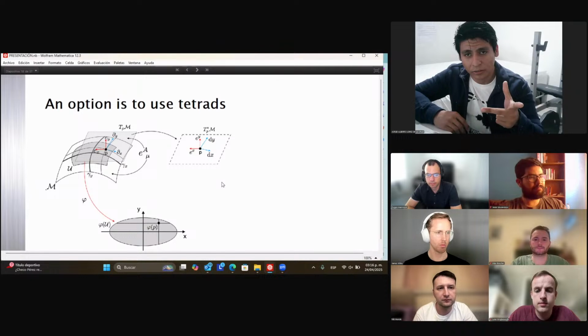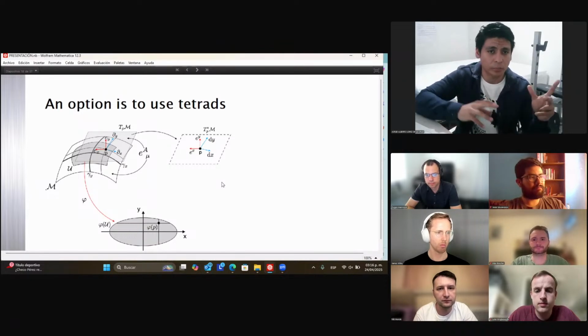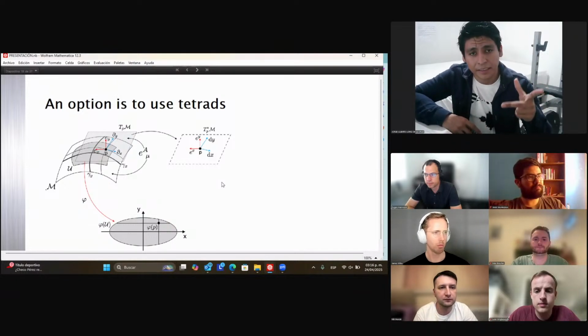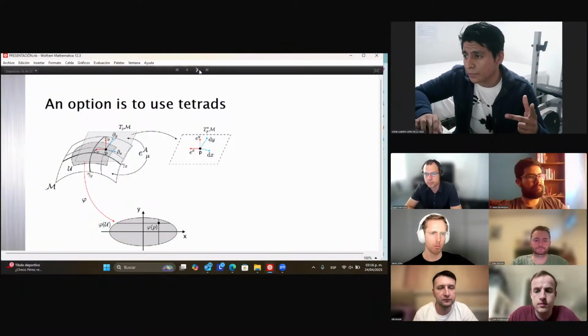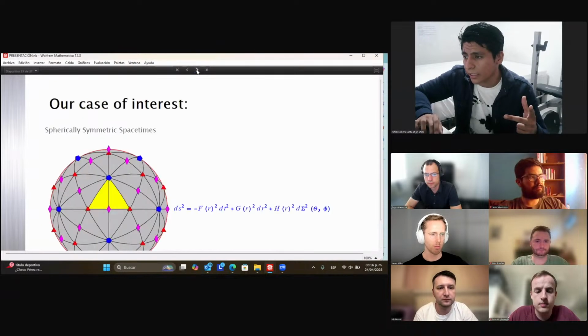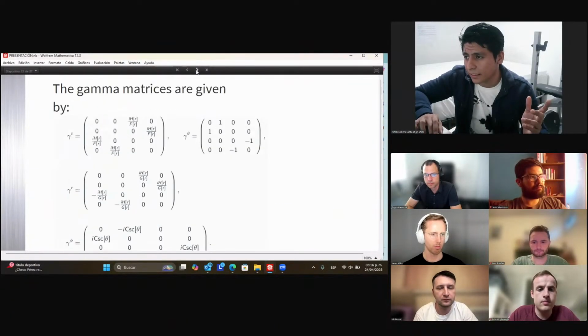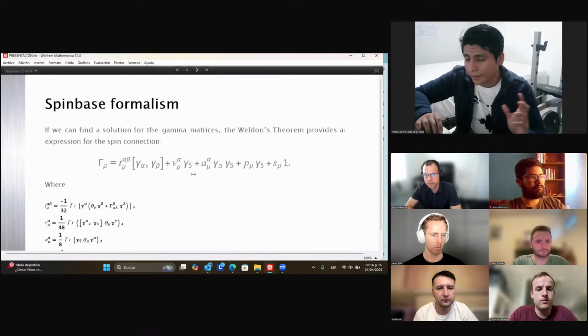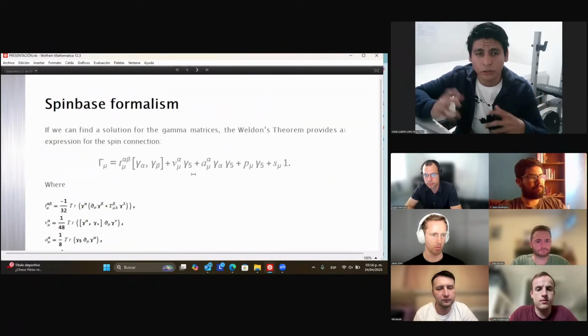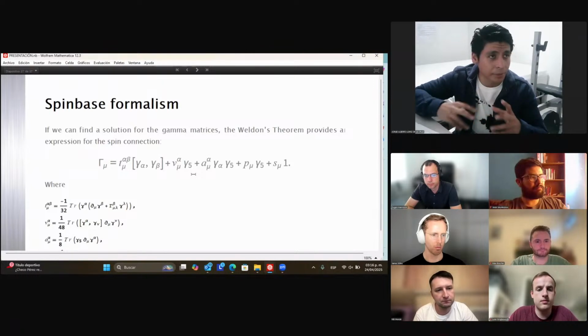Orthogonal frames are very good because they simplify some calculations, but it's a restriction, so not all the solutions are there. So with the spin-based formalism, we have the problem that computing is terrifying, but we have the freedom to choose between all possible gamma matrices.